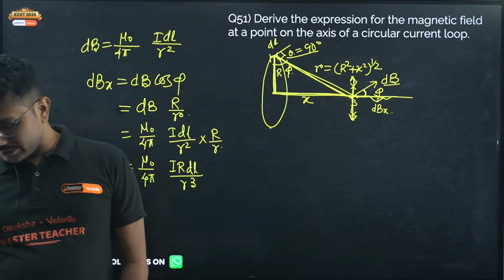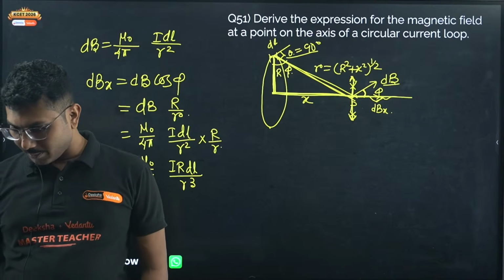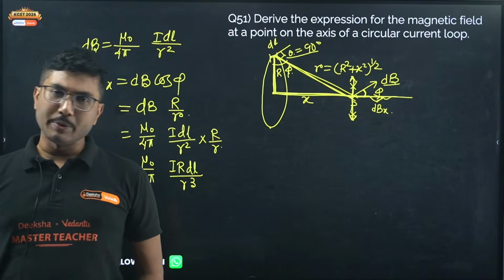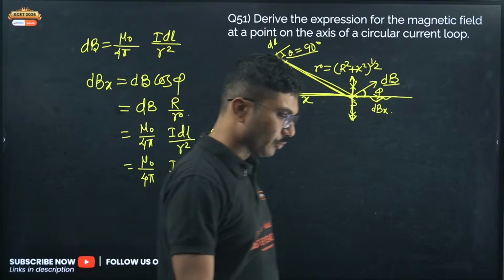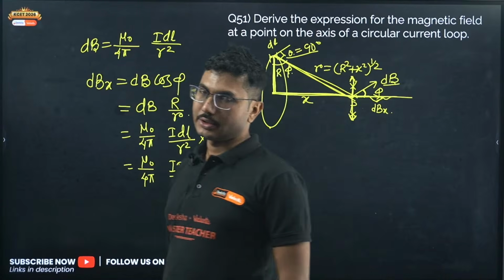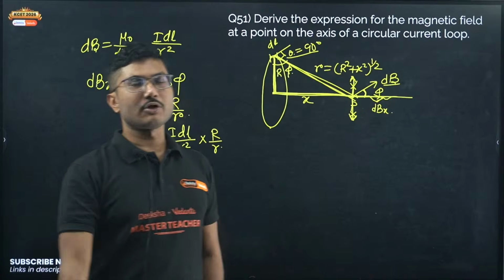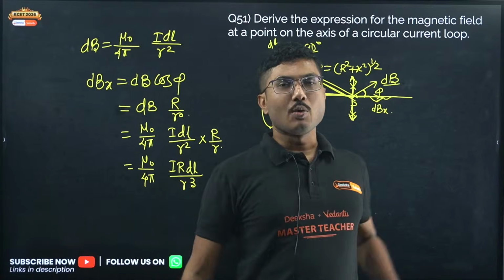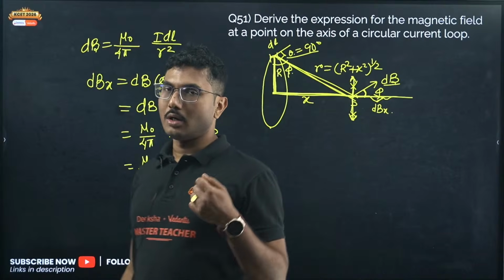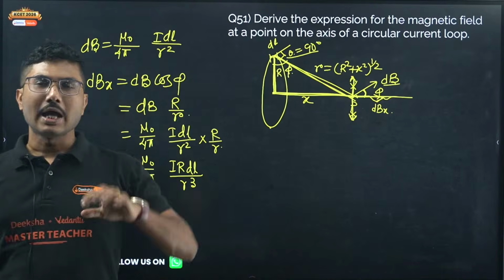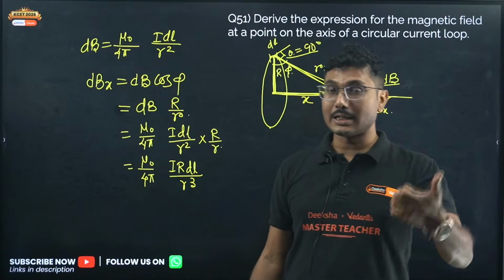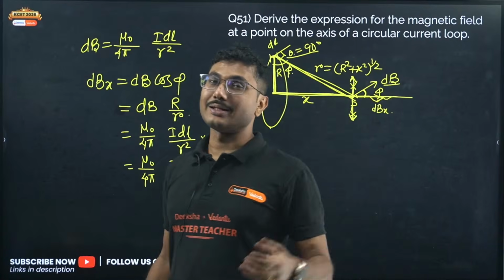Sir, will we get similar numerical from model paper, like only the values change? No, not at all. Numerical questions will be completely new. If you understand the concepts, you will be able to answer. Model paper questions, obviously you have to practice, understand what approach you are making, how you are calculating electric field, what formulas you are using, and if the values are changed or the context is different, how to apply the same formulas.